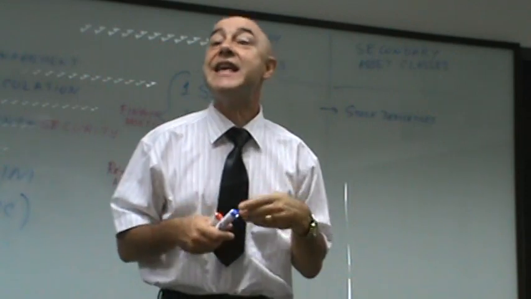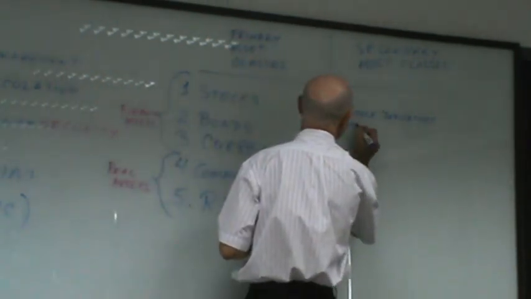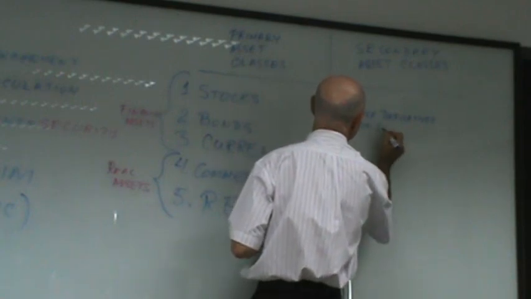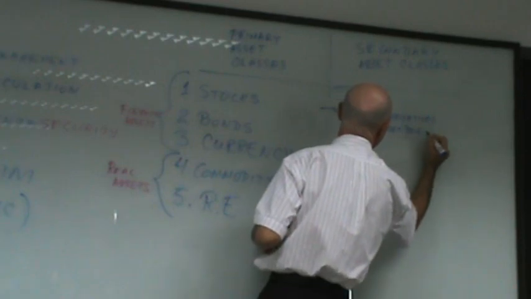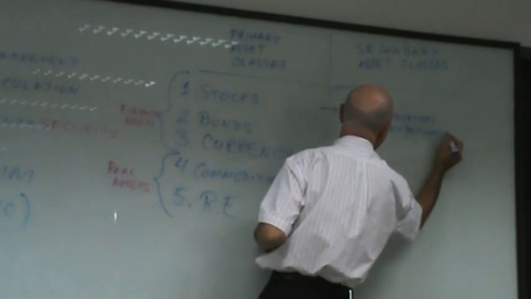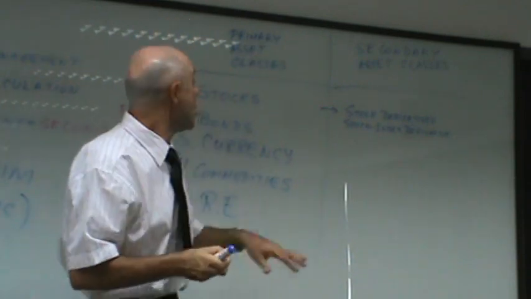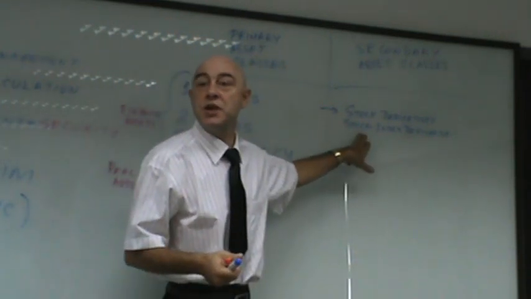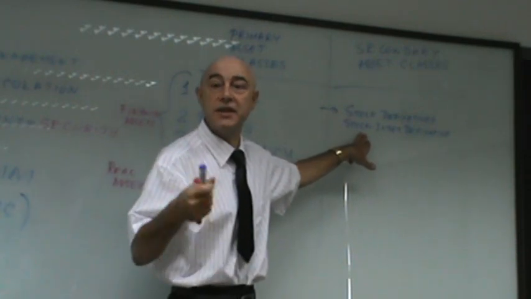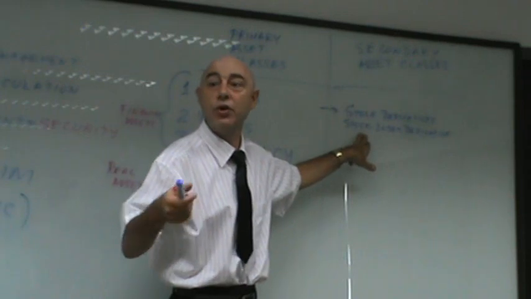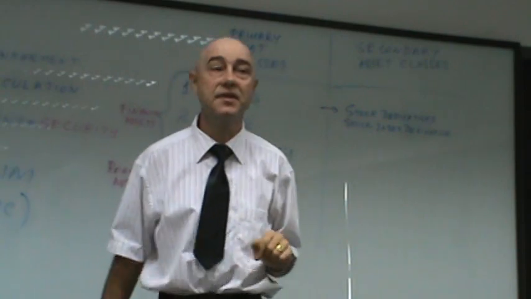A stock index derivative is a derivative whose value depends on a particular stock index, like Dow Jones, like NASDAQ, or SET. Is that fairly clear?